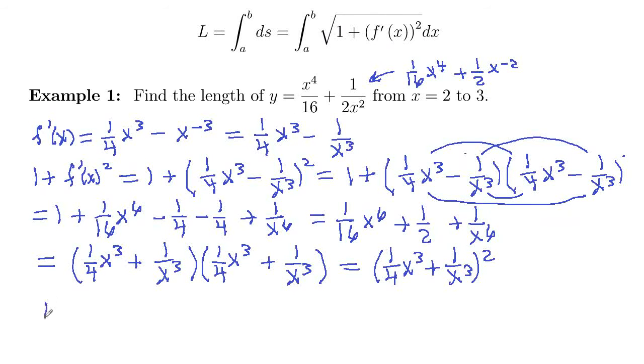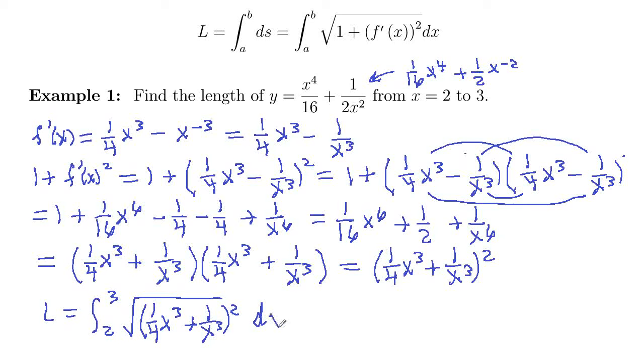So our arc length now is going to be integral a to b, so that's 2 to 3, so integral 2 to 3, square root 1 plus f prime squared, that's this guy right here, 1/4 x cubed plus 1 over x cubed, and that quantity is squared, and then dx.